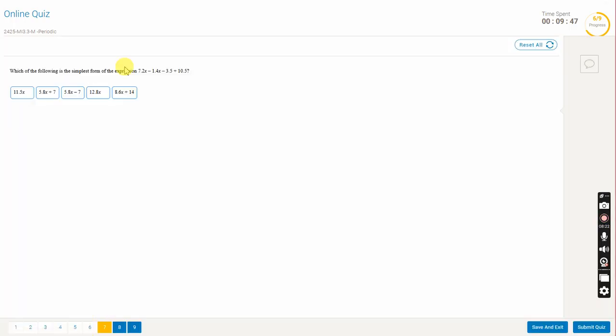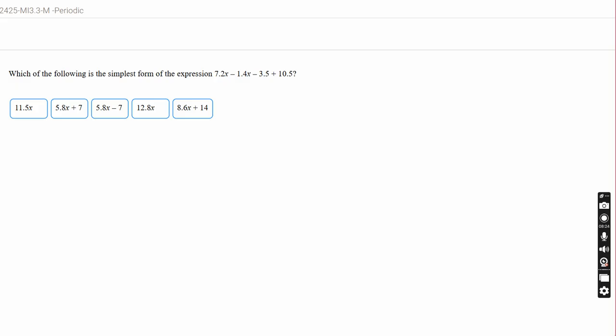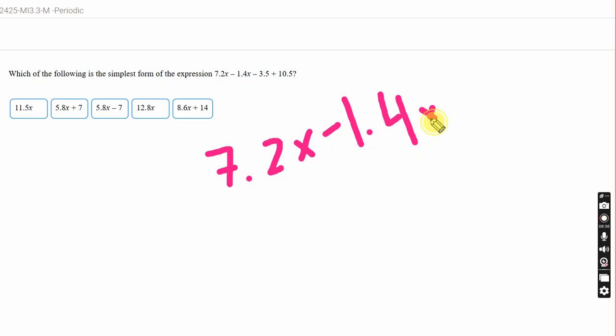Let's go to the next one. 7.2x. Let's change the color of the crayon. So 7.2x, let's group that together. 7.2x minus, here it's a bit easier because they grouped it already for us. Right, so again, let's decide what the sign is. The sign here is going to be positive. Why? Because 7.2 is larger and it's positive.